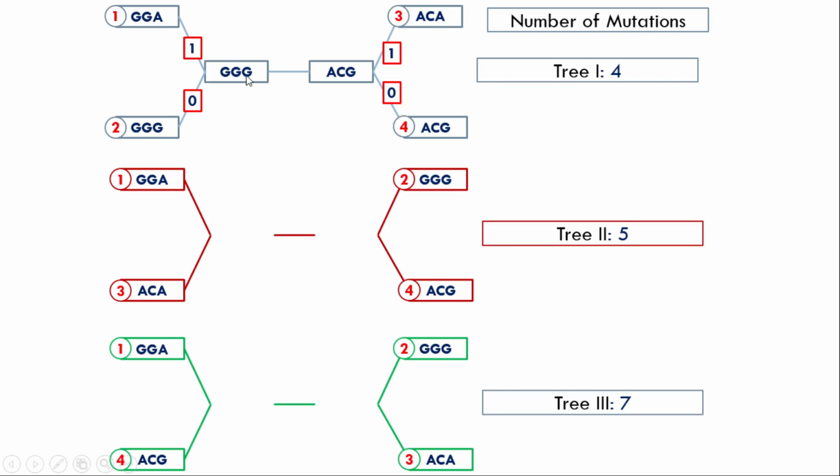And one more thing, now you compare this common ancestor and this common ancestor, ACG and triple G. How many mutations can you notice? You can notice two mutations. Now you can count the total number of mutations in this particular relationship. So here I found 1 and 2, 3 and 1, 4. So in tree 1, I got a total of 4 mutations.